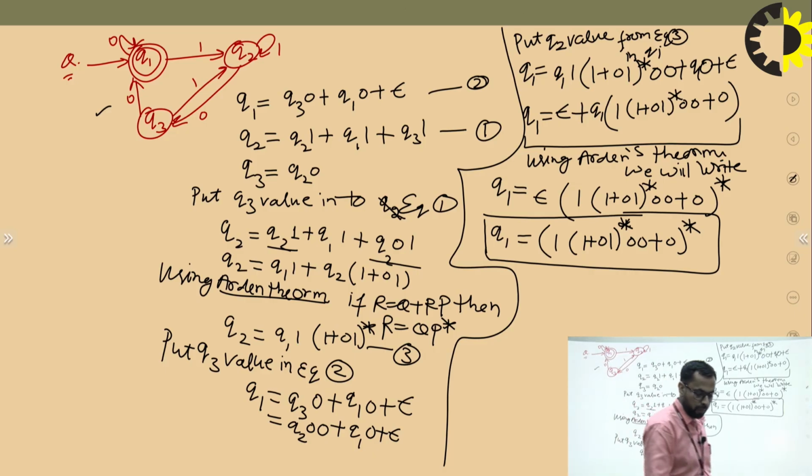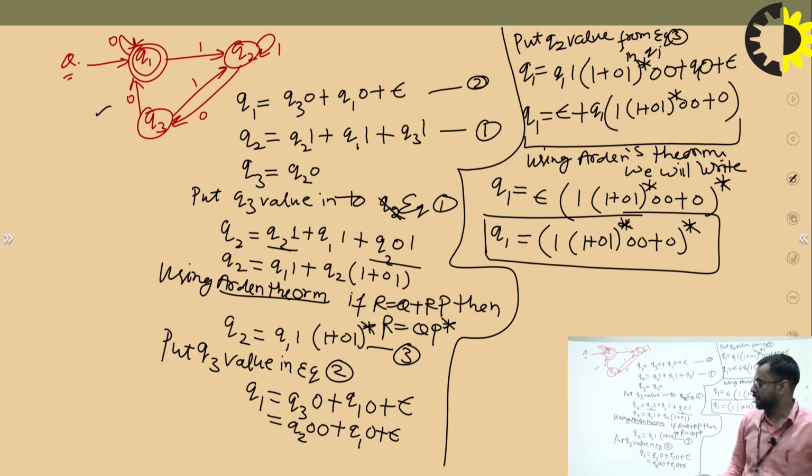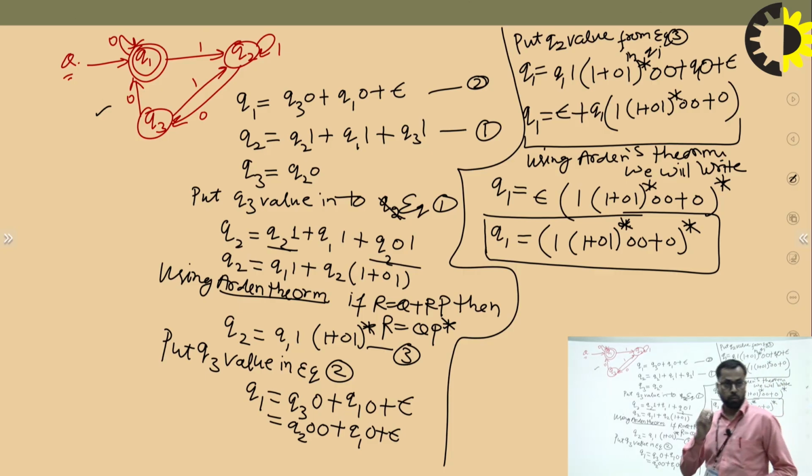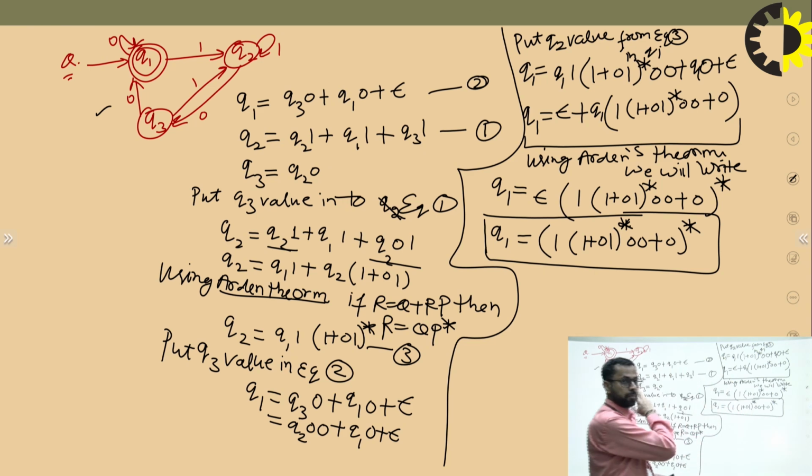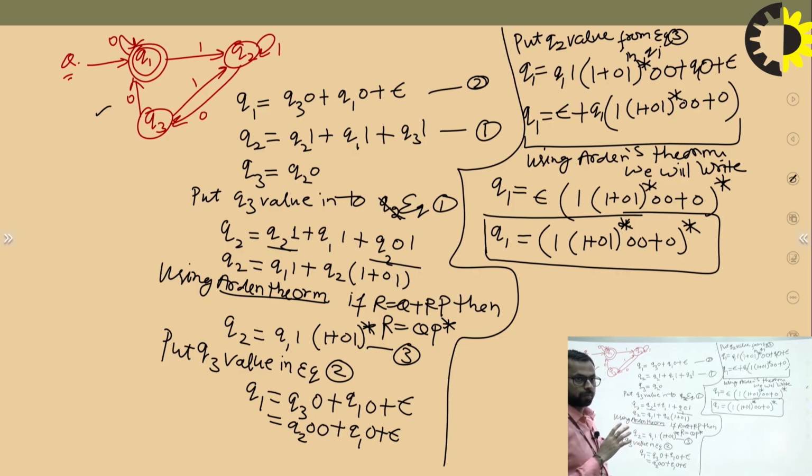So we took two examples to calculate the final regular expression from the given model using Arden's theorem. In these lectures, we understood Arden's theorem, the proof of Arden's theorem, and its application on two questions.